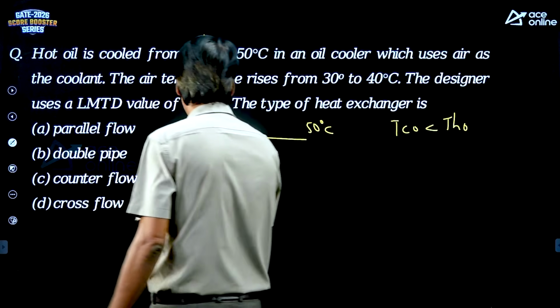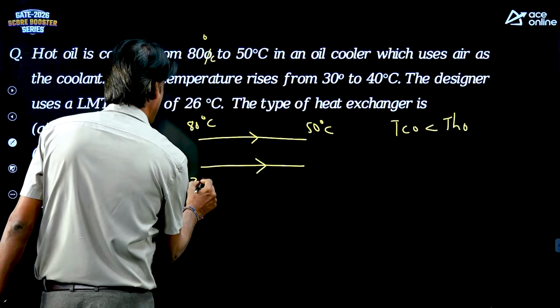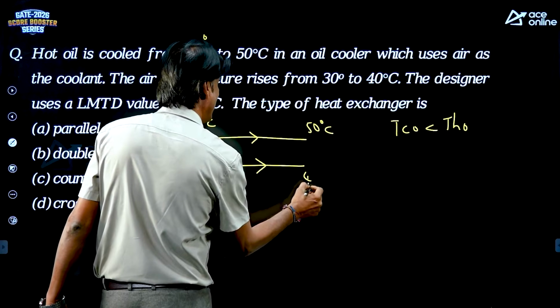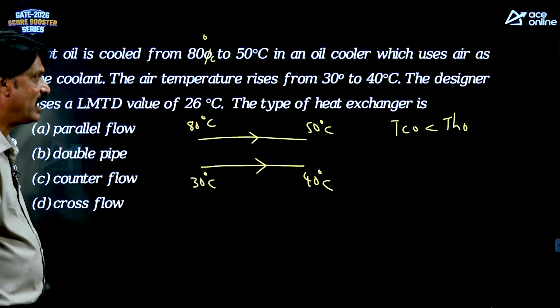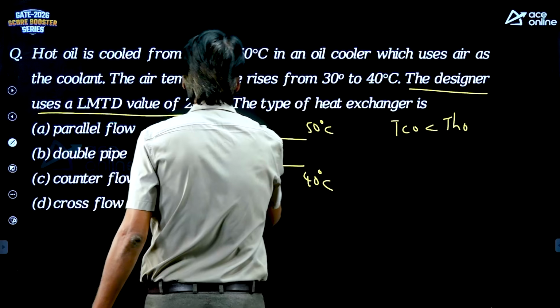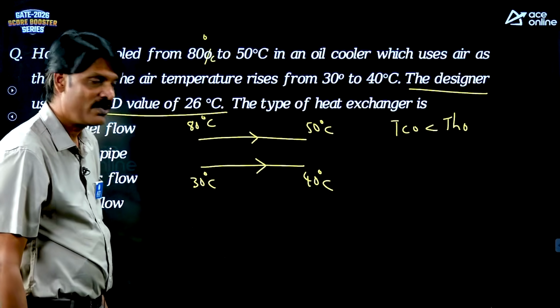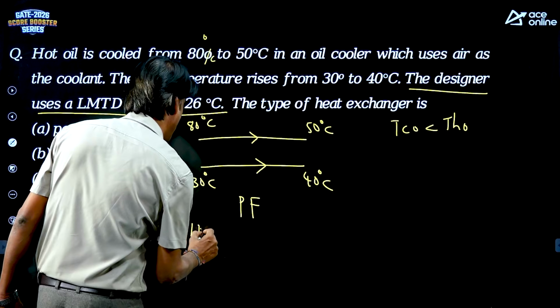So, first I will take the parallel flow configuration. This is 30 degrees centigrade and this is 40 degrees centigrade, because he is saying that the designer uses an LMTD value of 26. So, first let us take parallel flow and calculate the LMTD.